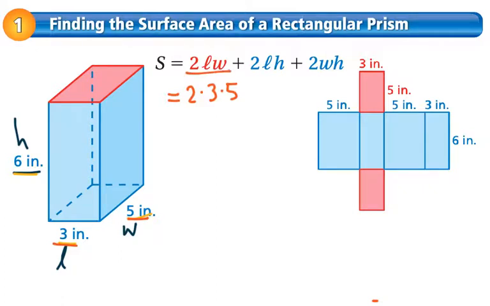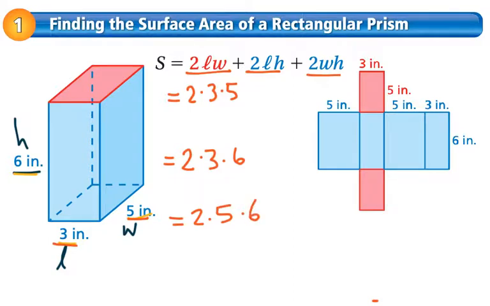So we've got the first, 2 times length times width, right here. And then next we'll do 2 times length times height. So 2 times the length again is 3 inches, but the height is actually 6. And finally, we have 2 times the width times the height. So we're taking 2 times the width of 5 inches times the height of 6 inches.